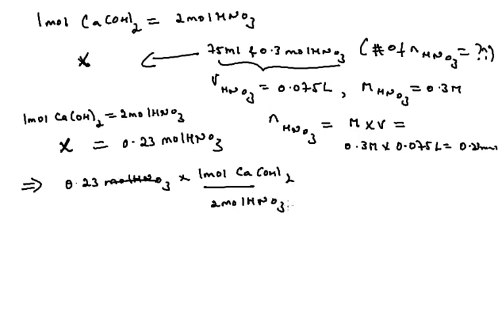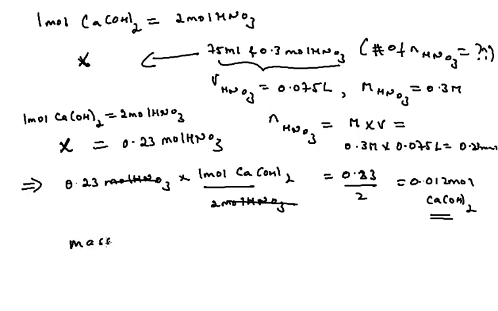Moles of nitric acid cancel with moles of nitric acid, and 0.23 times 1 divided by 2 gives you 0.012 moles of calcium hydroxide.